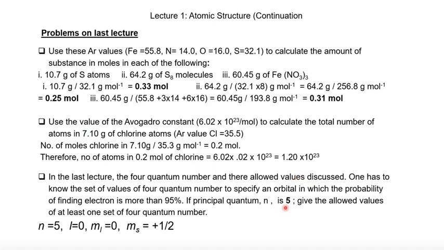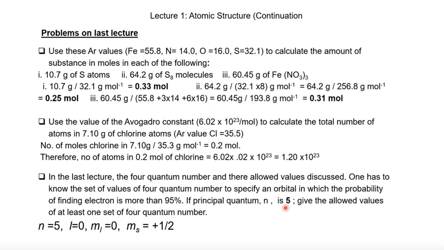The last question: we have been talking about the principal quantum number, azimuthal quantum number, magnetic quantum number, and magnetic spin quantum number. We are saying that a set of these 4 quantum numbers specifies the electron in space, or specifies the probability of finding the electron in space, and that is what we call an orbital.